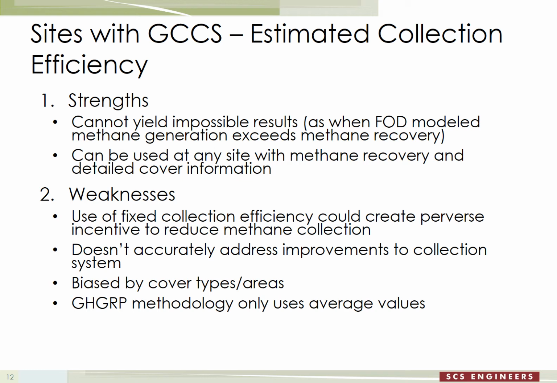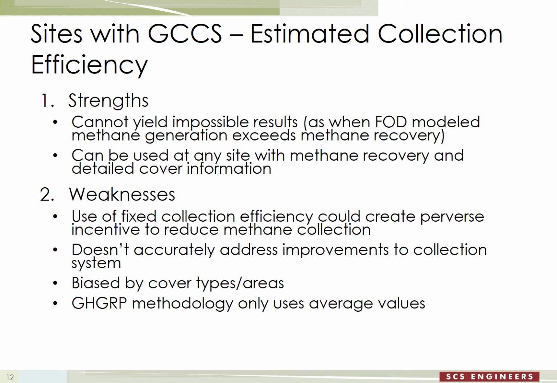The weaknesses are that if you use a fixed collection efficiency, a default value, regardless of what you do in terms of the gas system and how much you improve it, you always end up with the same collection efficiency, and therefore as you collect more gas, your emissions actually go up, which of course is counterintuitive. So the methodologies are also biased towards different cover types and areas, which don't always tell the full story.